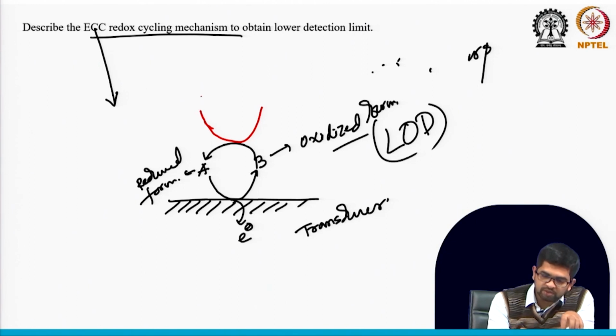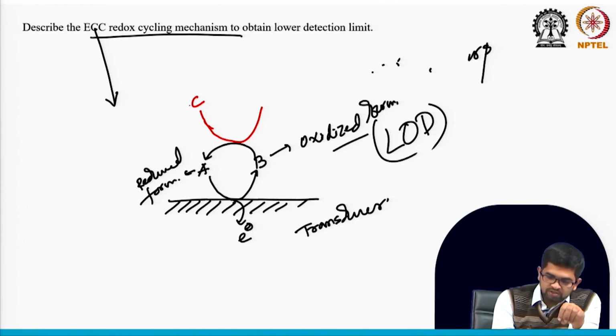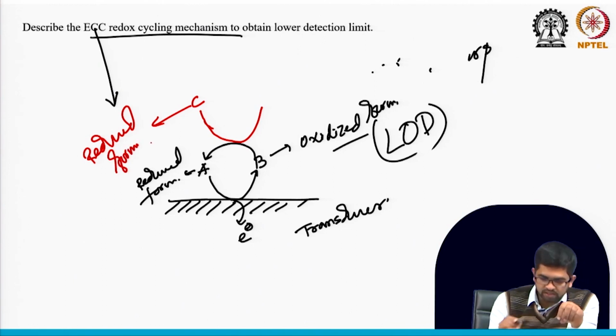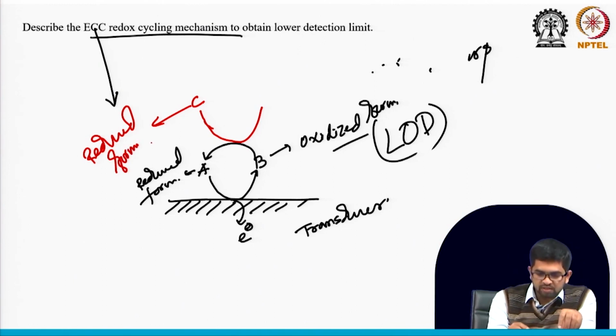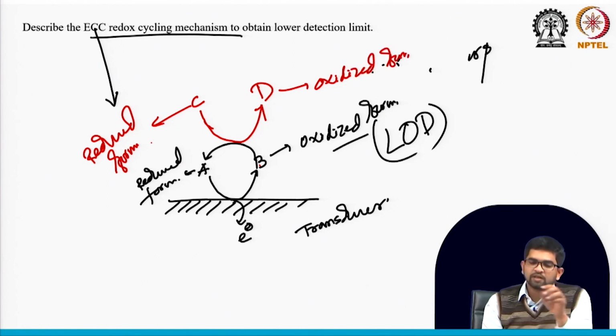Suppose you have a compound C, right. So your C is the reduced form, right. C is the reduced form, that is why C will reduce B to A and itself will be oxidized. So D will be the oxidized form, right.